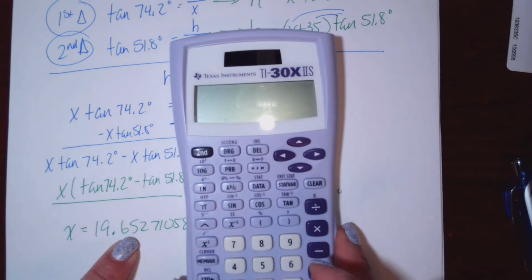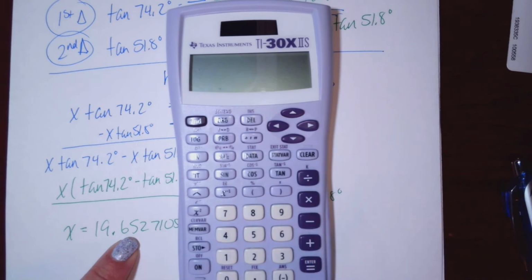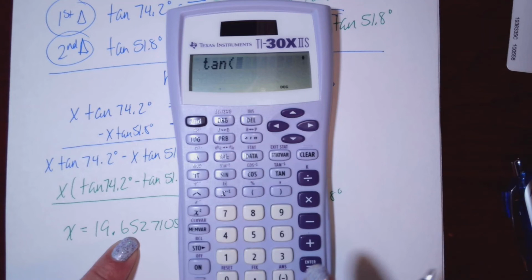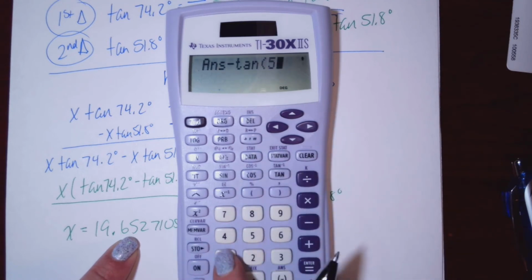Now, when I plug this into my calculator, I'm going to start with my denominator. I tend to be untrusting of my calculators. So I'm going to start with my denominator, tangent of 74.2. I'm going to subtract from that the tangent of 51.8. That's my denominator.